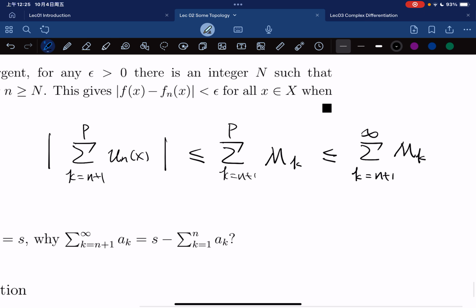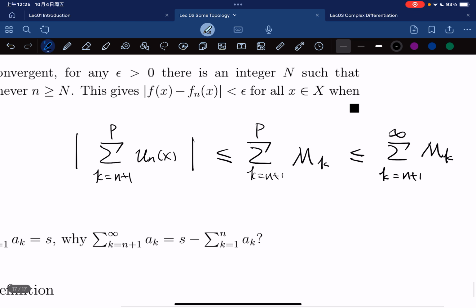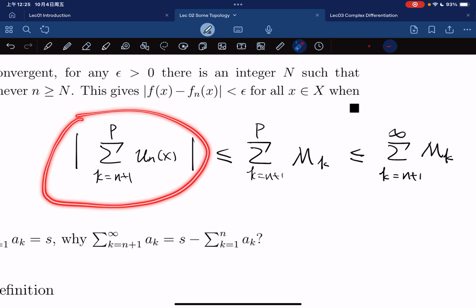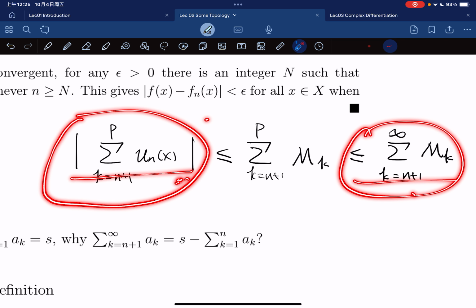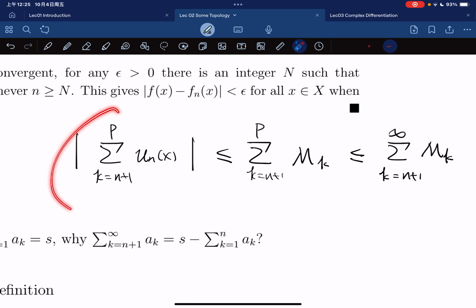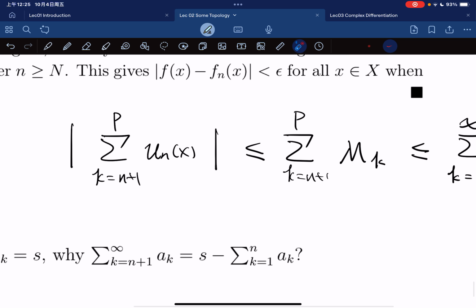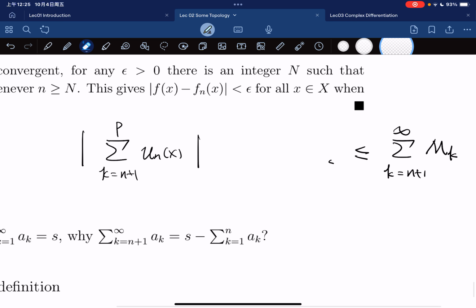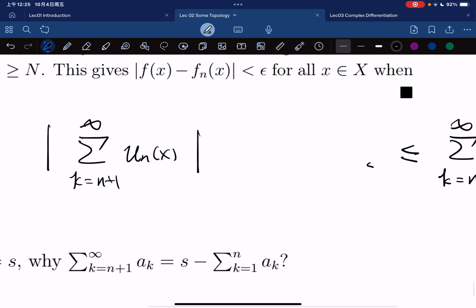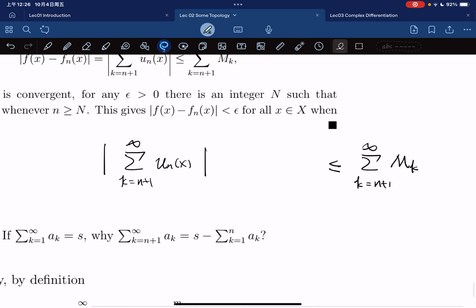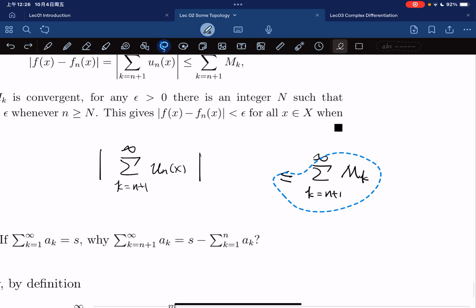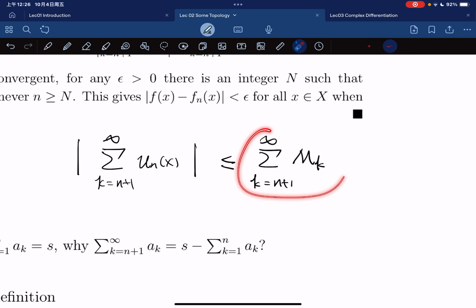This converges, which means that this whole thing is a monotone but bounded sequence, so it converges. So we have the limit exists, and the limit is still less than or equal to this.